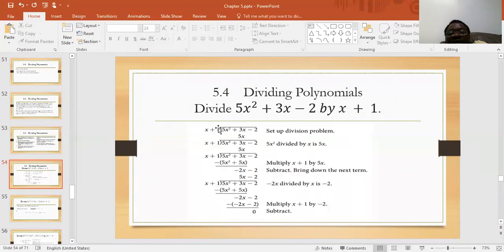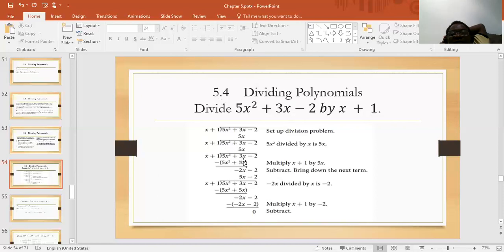So we are going to write x plus 1 here, and then we look at the leading term, 5x squared, and the leading term x here, and divide 5x squared by x to get 5x. So we start by writing 5x here. Then we multiply the divisor by 5x, so we have 5x times x is 5x squared plus 5x.